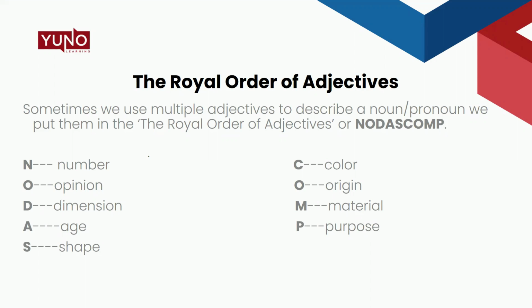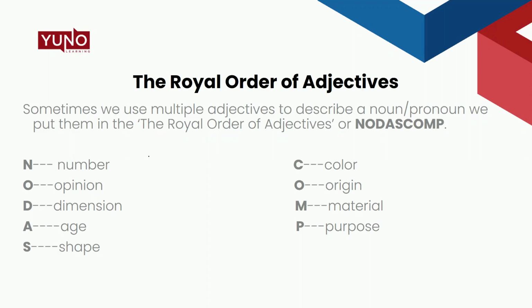In fact, this ordering of adjectives follows a strict discipline and criteria, which is referred to as the royal order of adjectives. For the sake of mnemonics, for memorizing it, we use an acronym called NODASCOMP to remember the royal order of adjectives.